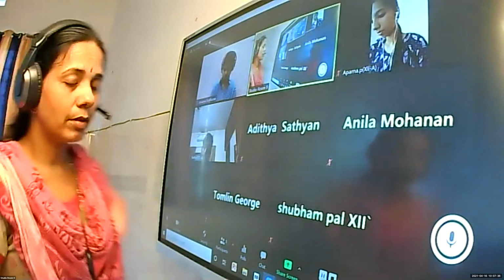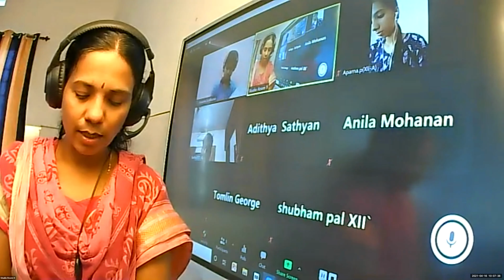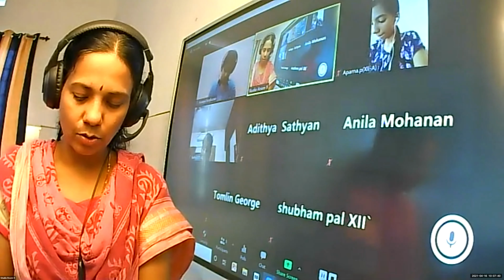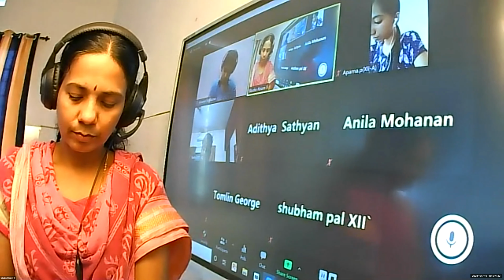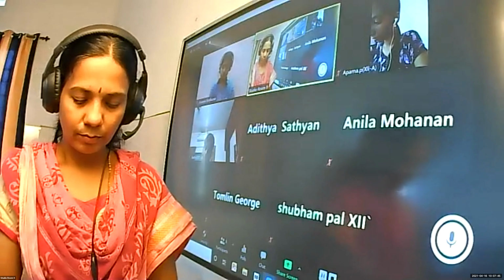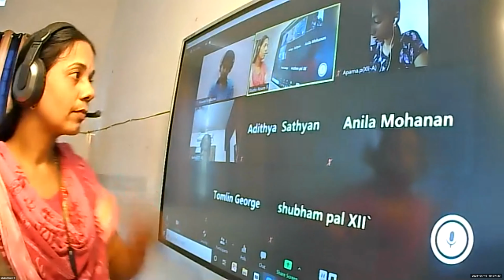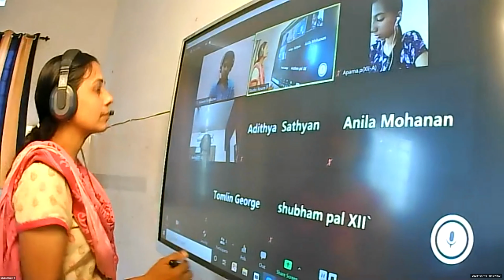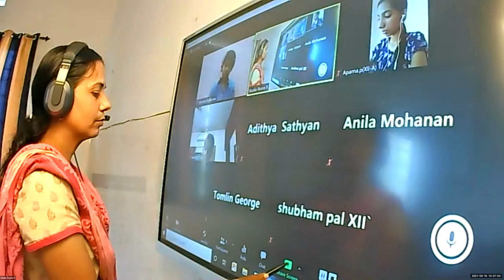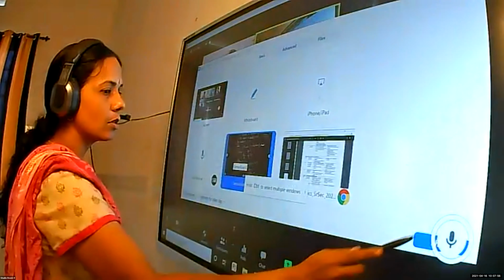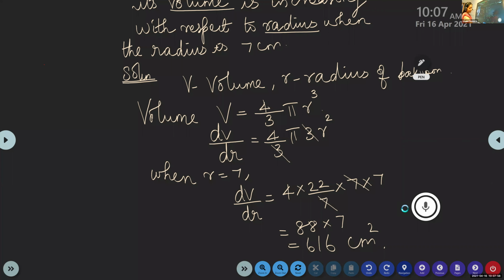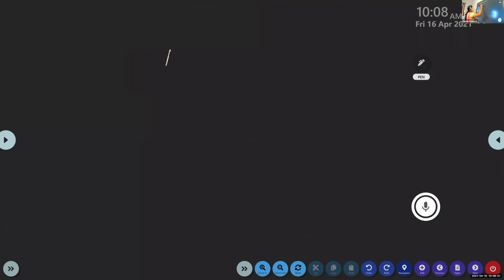How to do this? In the beginning you have to give the notations. Let A denote the area of the circle and R be the radius of the circle.